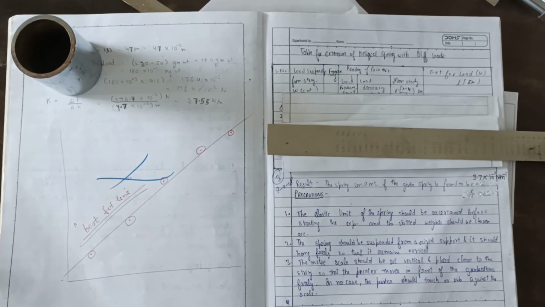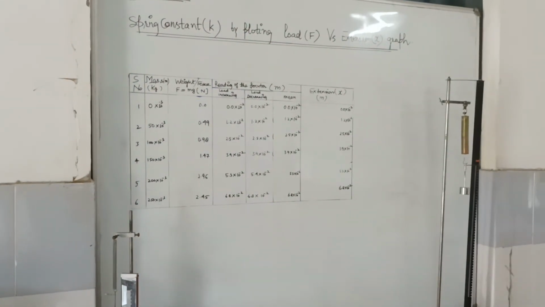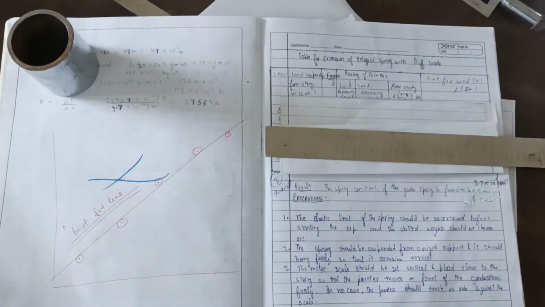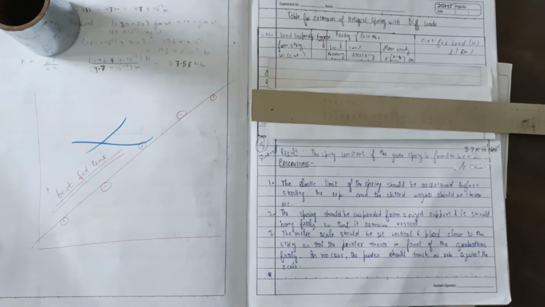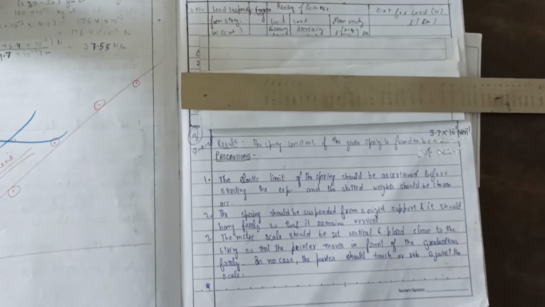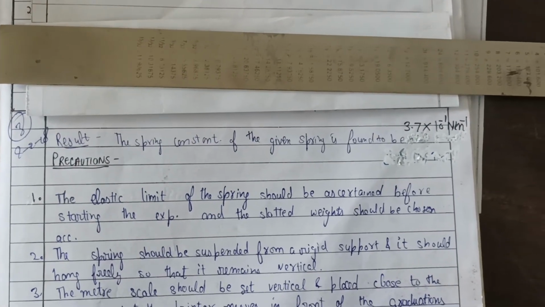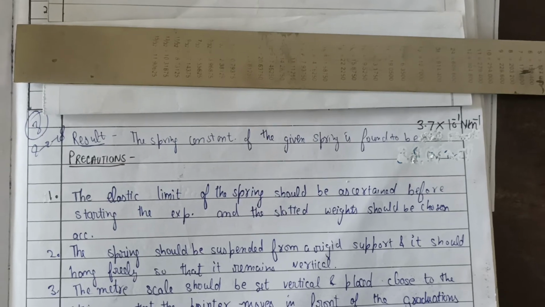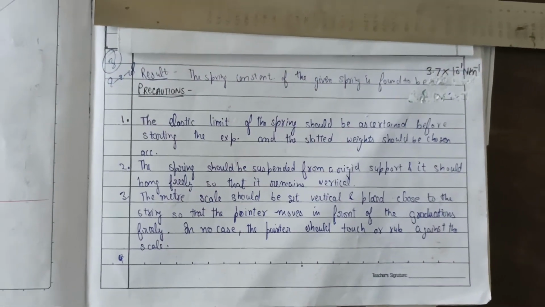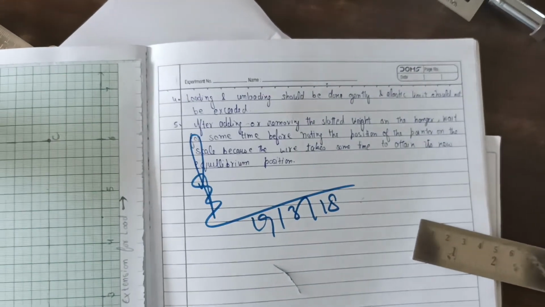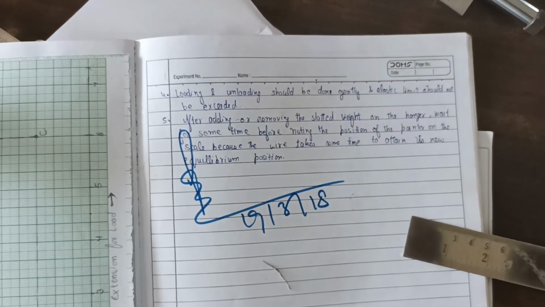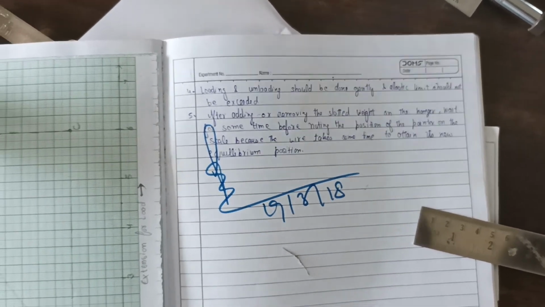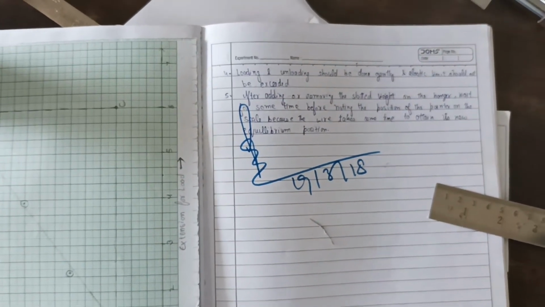Here was not good, so I have hidden it, so you can see the way we have drawn the observation table you already know in this video. So that observation table should be drawn to record the observations, and then the result is to be recorded as 3.7 into 10 to the power 1 Newton per meter, and then some precautions and sources of error are to be recorded, and better you take these precautions and sources of error from your lab manual.